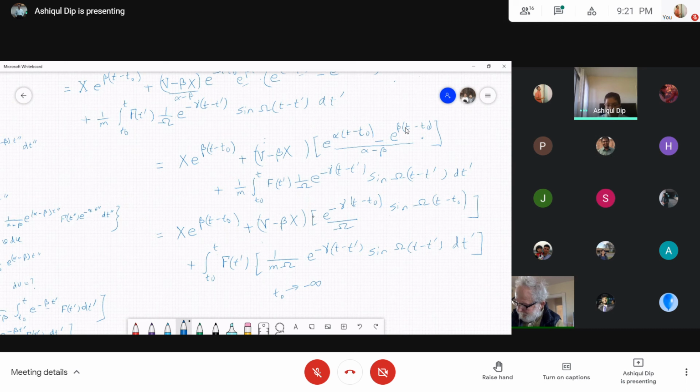Yes, when t naught goes to negative infinity, this whole thing has the term e to the power negative gamma (t minus t naught), which goes to 0. So when you let your lower limit be negative infinity, this term vanishes.